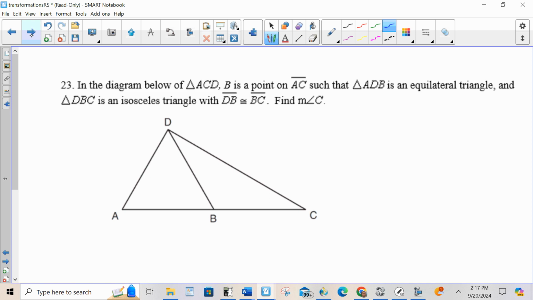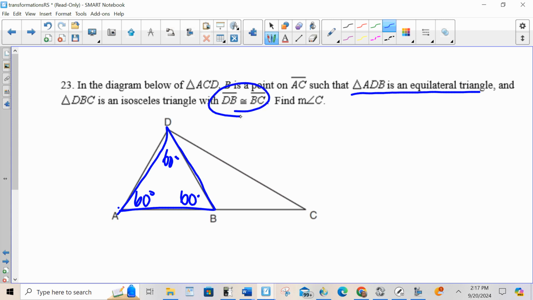So it says that ADB is equilateral. So if ADB is equilateral, I know the angles of ADB are 60, 60, and 60. It's also telling me that DB is congruent to BC. So I mark the sides, and I mark the angles opposite them. Now I look for linear pairs and angles of a triangle. There's my linear pair. 180 minus 60 is 120.